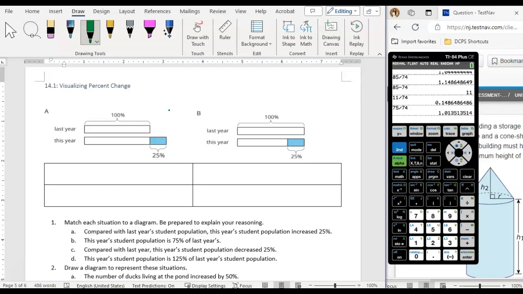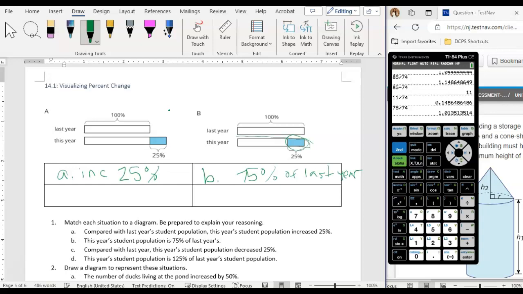Okay, so that looks like a good one there. So increased 25%, right, is larger than last year's. B, this year's student population is 75% of last year's. So here we've removed 25%. So that is B, 75% of last year.